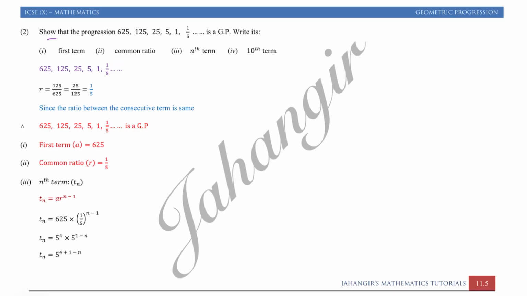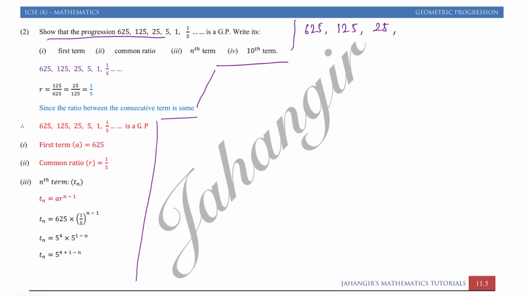Question number 2. Show that the progression 625, 125, 25, 5, 1, 1 by 5 is a GP. So first let us write the progression 625, 125, 25, 5, 1, 1 by 5 dot dot dot is a GP.